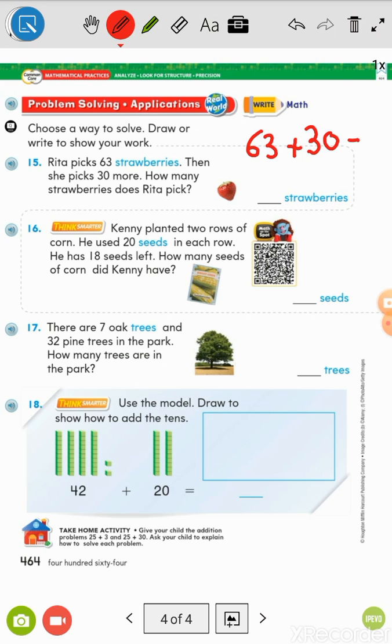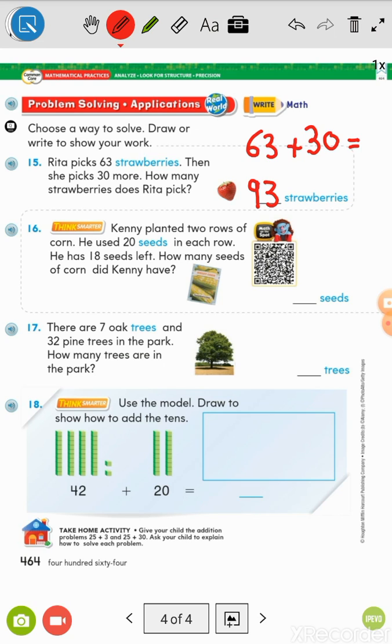We can draw it. We can draw 63 as 6 lines and 3 circles, and 30 as 3 lines. Now we can count how many lines and circles we have in all. We have 6 lines and 3 lines, which means 9 lines, and we have 3 circles and 0 circles, so we have 3 circles, so 93.